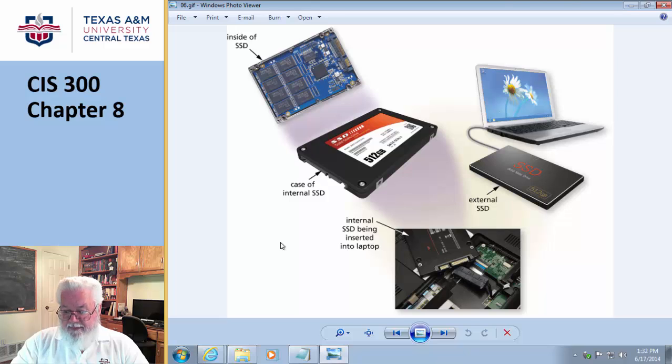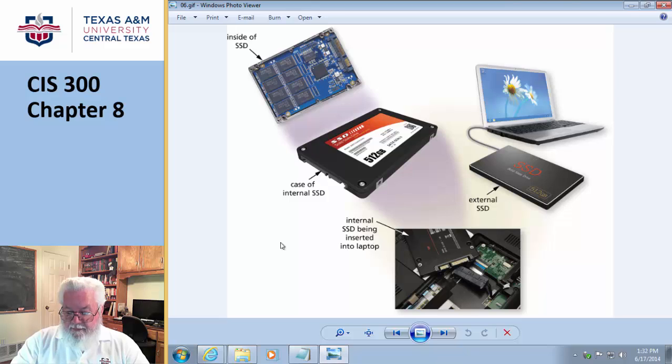The micro SD seems to be the one everyone's using in phones because it's physically the smallest, and phones are relatively small. They also have a higher density version called micro SDHC, high capacity, which has additional interfaces to make it go a little bit faster, and supports larger sizes.